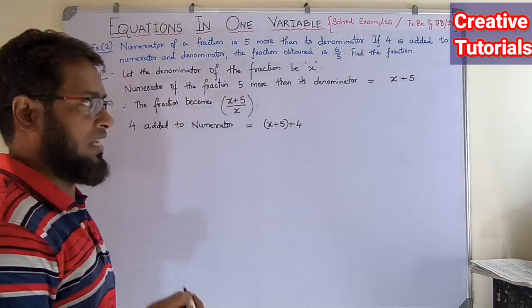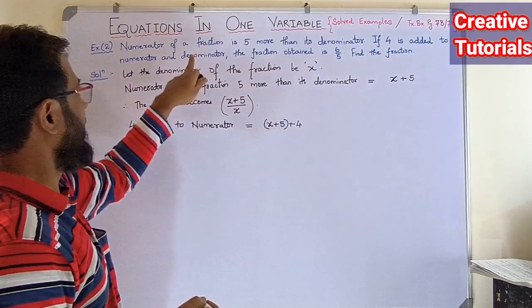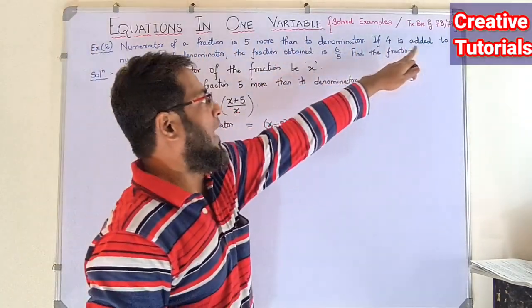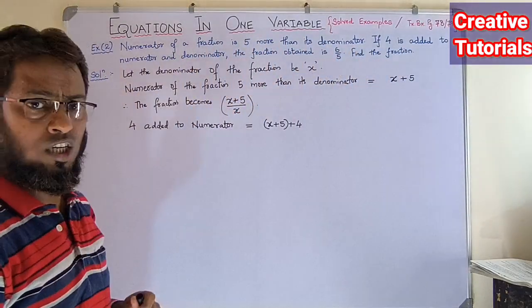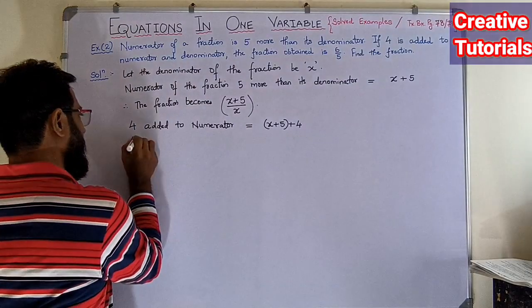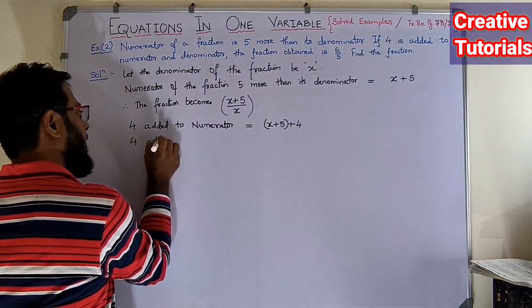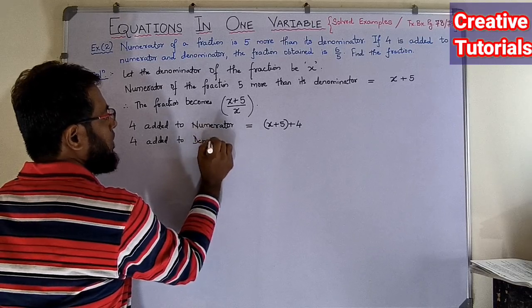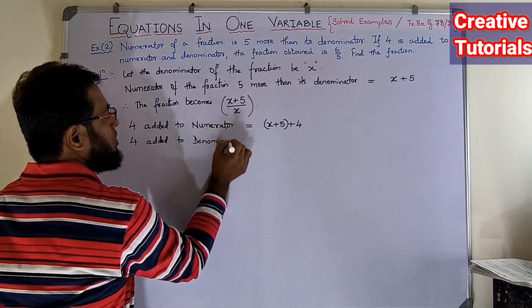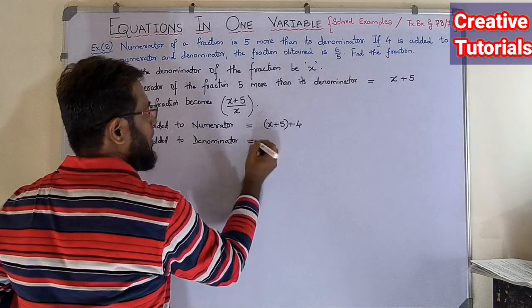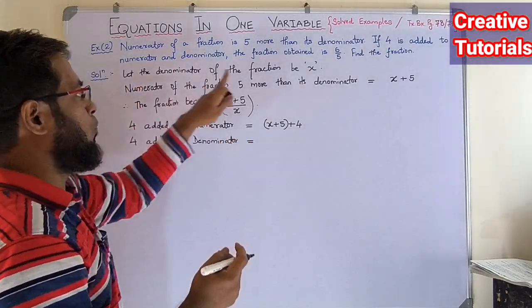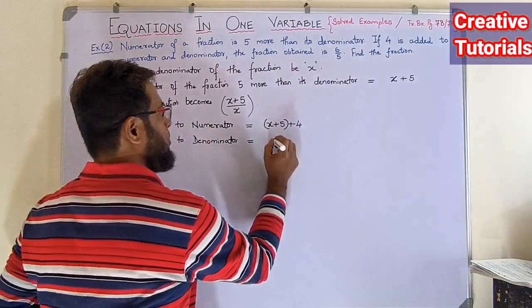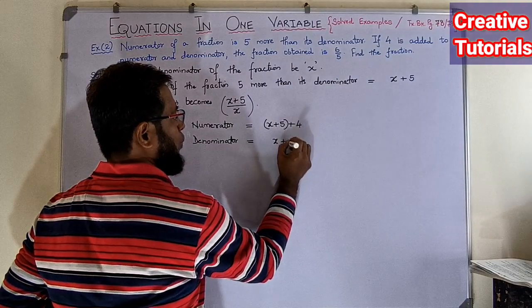Also 4 is added to the denominator, because 4 is added to both. The denominator we have supposed to be x, so it becomes x plus 4.